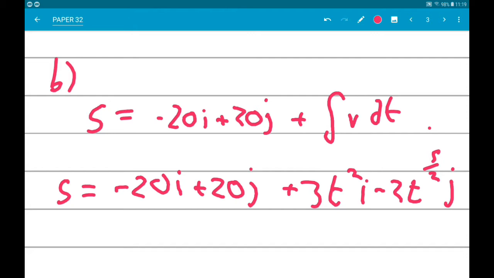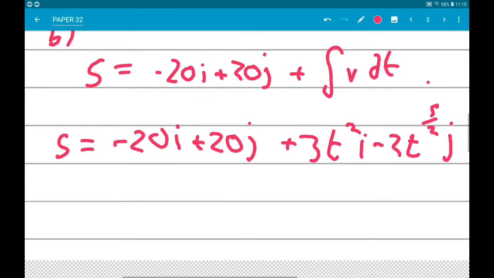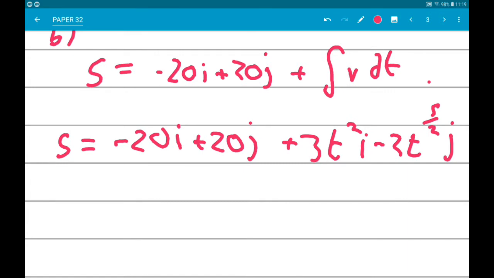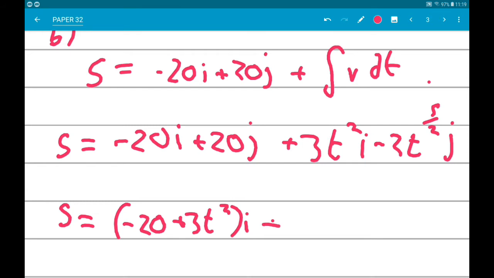So, altogether, the position vector is minus 20 add 3t squared i add 20 minus 2t to the 5 halves j.